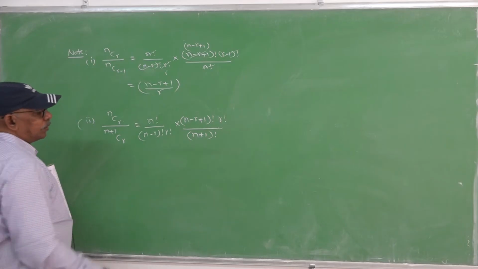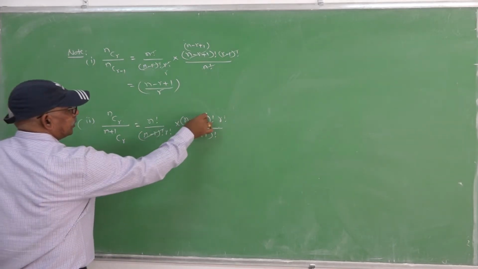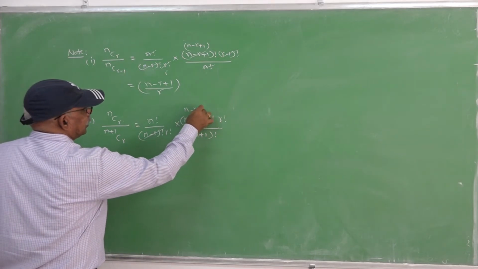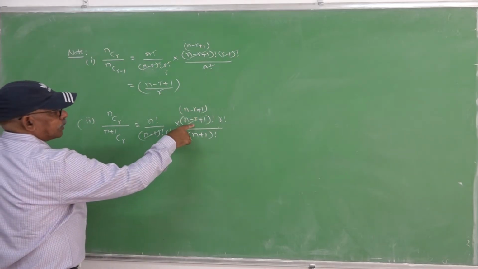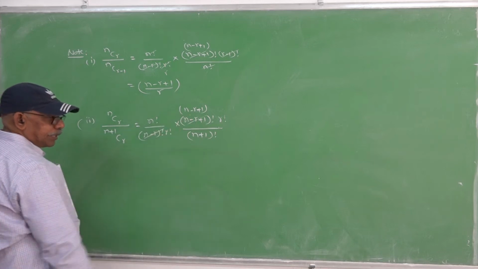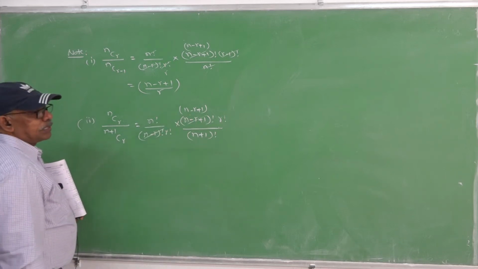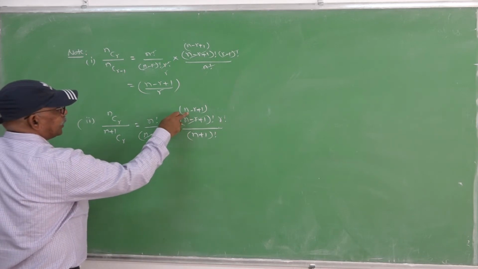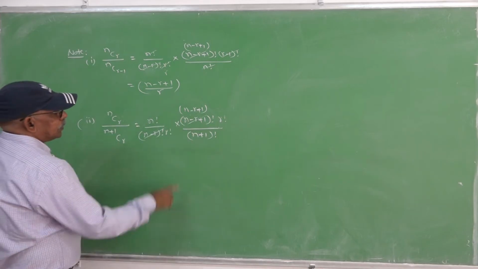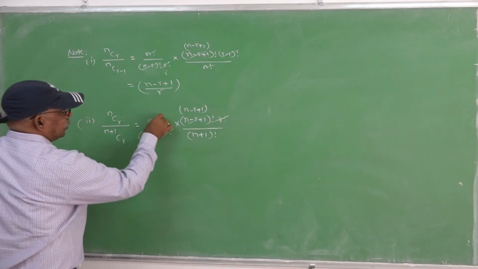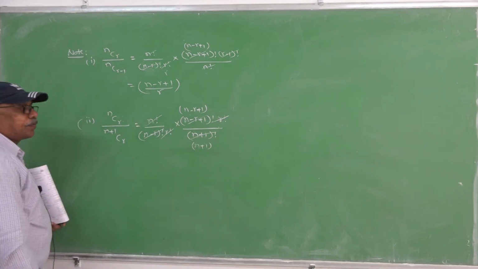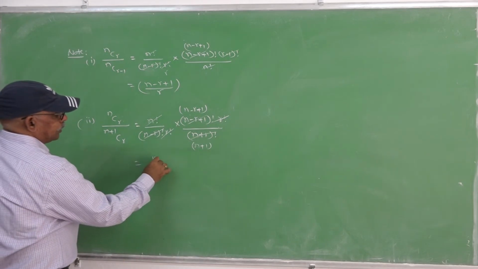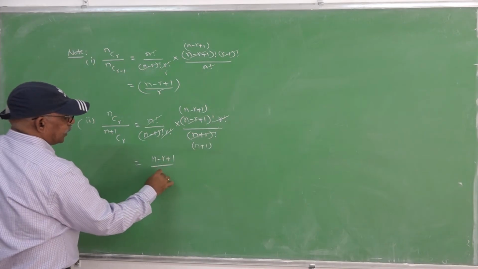Here you can remove this, so that we get n minus r plus 1, up to (n minus r) factorial factors may cancel here. The one and only remaining factor is n minus r plus 1 here. Similarly, r factorial you can remove. Once you remove n factorial in this one, you get n plus 1. So the required value is (n minus r plus 1) by (n plus 1).